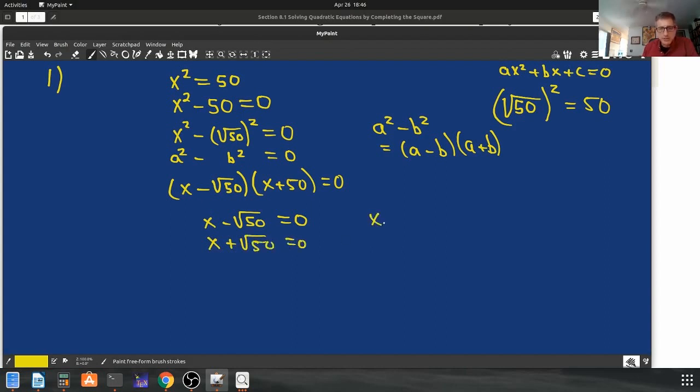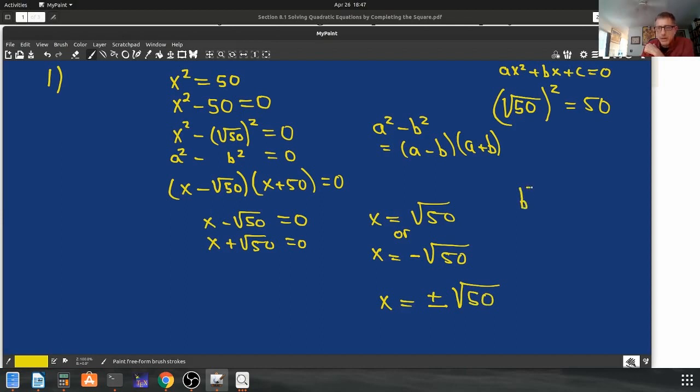So that tells us x is equal to the square root of 50, or x is equal to minus the square root of 50. And many times we will write that as shorthand as saying x is equal to plus or minus the square root of 50, that's what that symbol stands for. And indeed, that's what the square root property says.